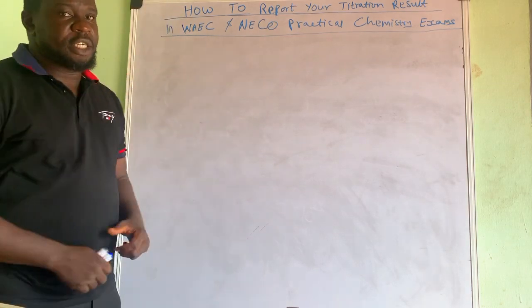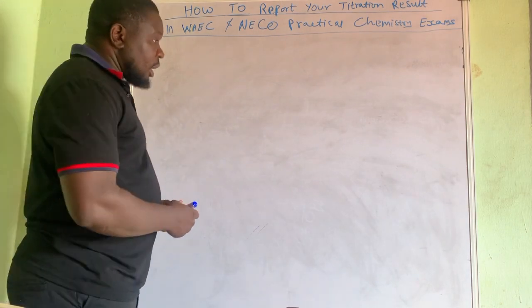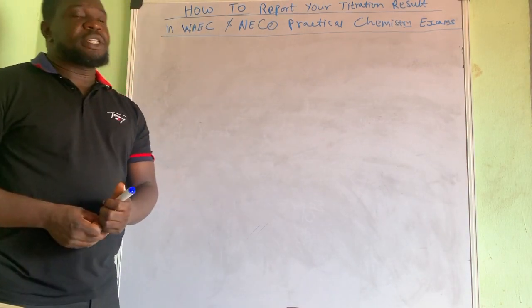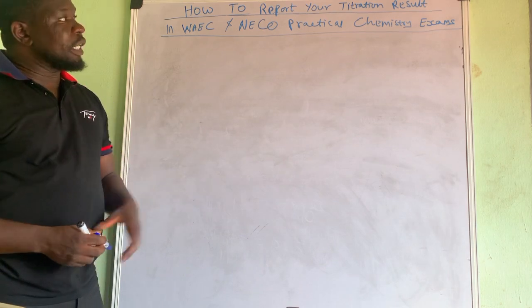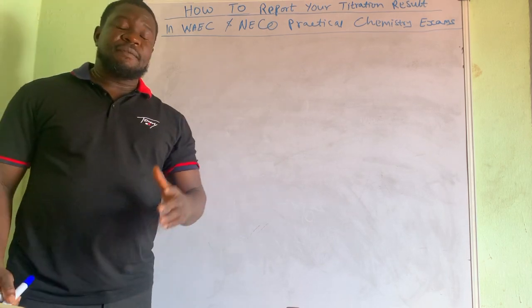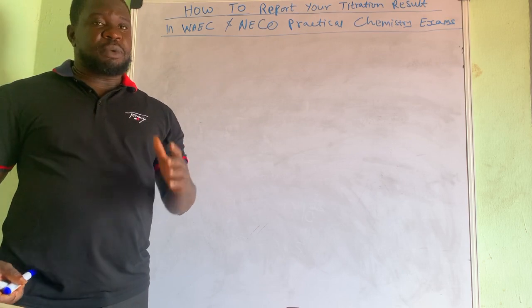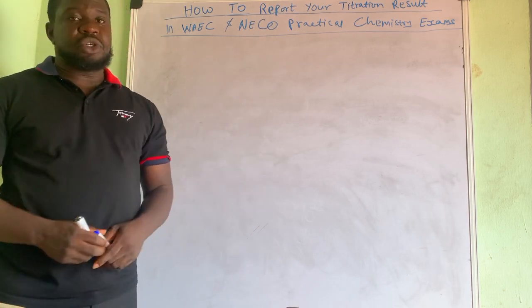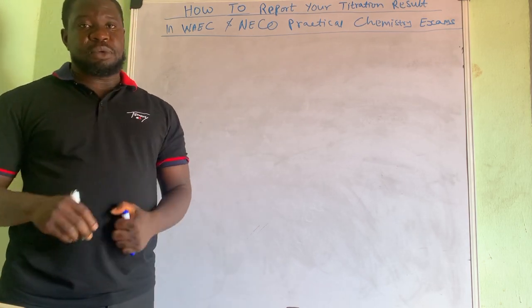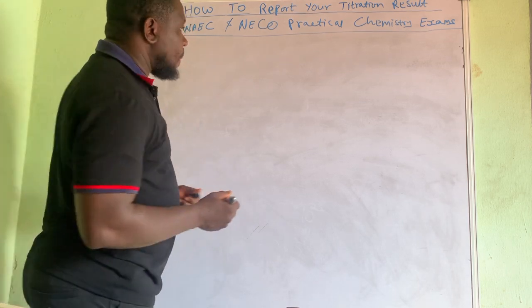So let's get started. When you're writing the chemistry practical exams and you are doing your titration, the best way to report your titration result is first to draw a table.